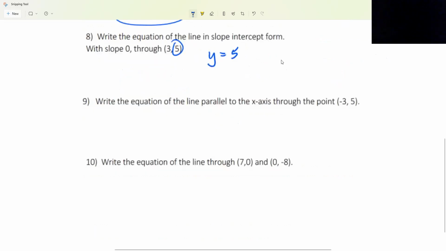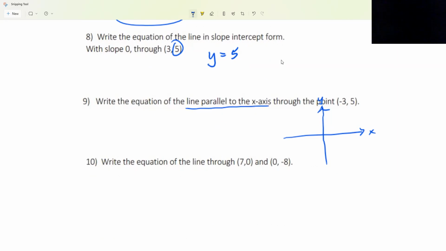So for your next thing here, it says write the equation of the line parallel to the x-axis through the point -5. Now, this is a little tricky, but not that big a deal. Here is your graph here, and here's your x-axis, here's your y. The line parallel to the x-axis, well, the x-axis is a horizontal line.